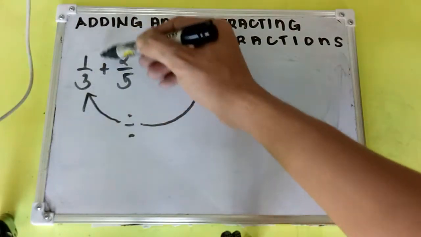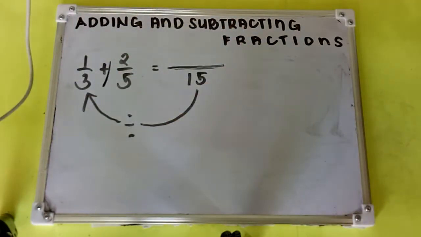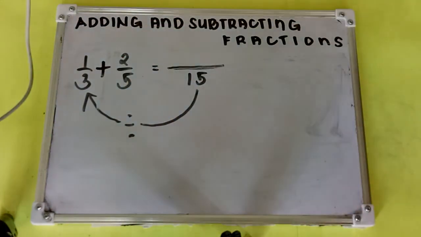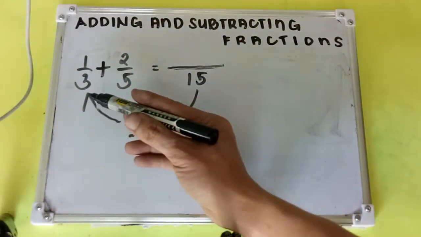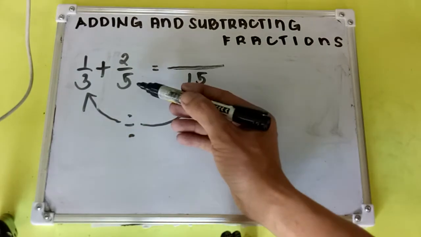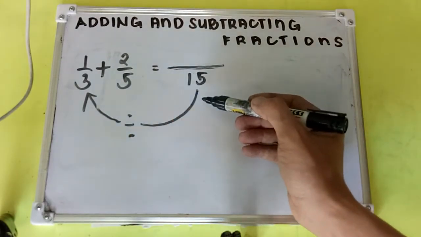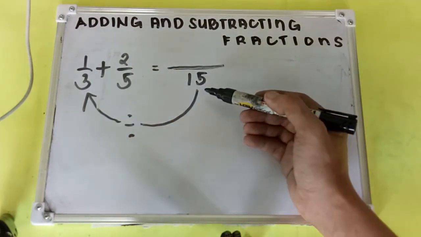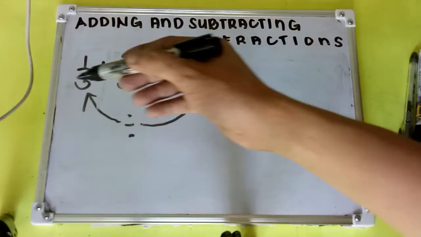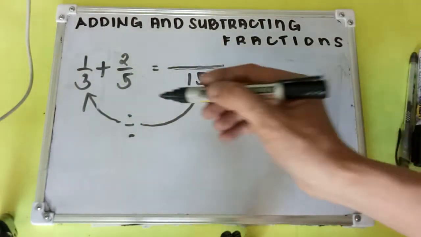So dito muna tayo sa first term, sa 1/3. 15 divided by 3, ang kakalabasan niyan ay 5. Kasi nga, minultiply lang naman natin si 3 and 5.